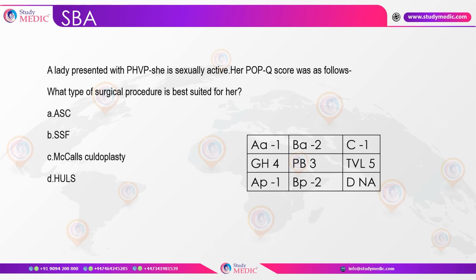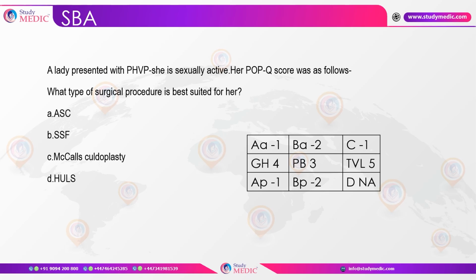Now point AP, that means on the posterior vaginal wall, it is again -1. BP is -2. Point D not applicable because she has undergone a hysterectomy. Now because C is -1, it indicates that she has a very short vagina and she has come with post-hysterectomy walled prolapse.